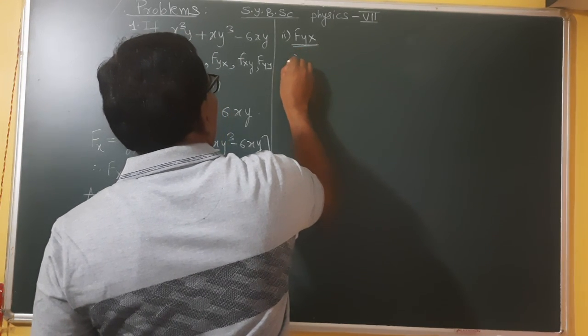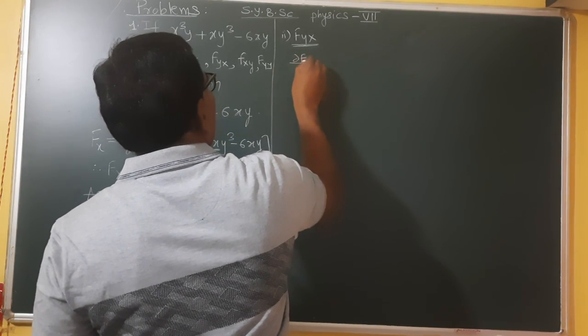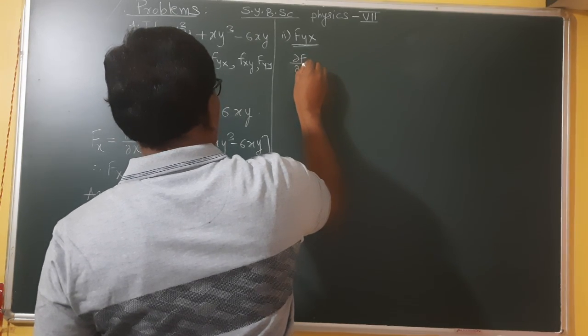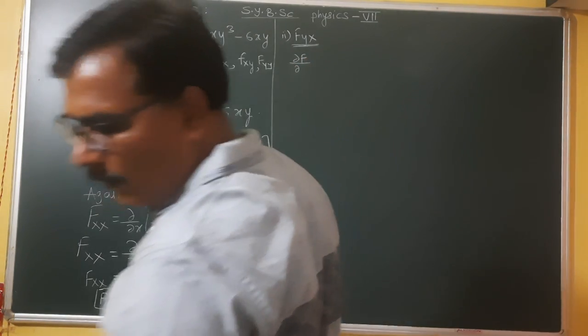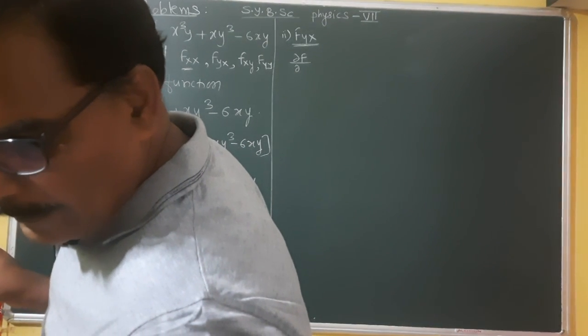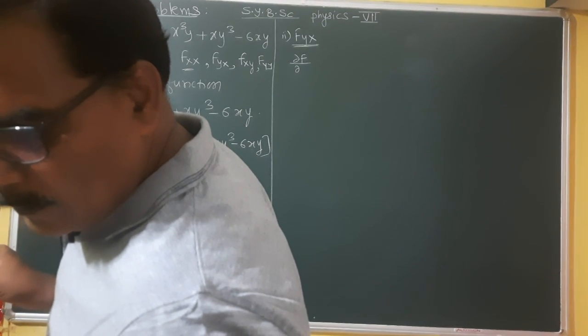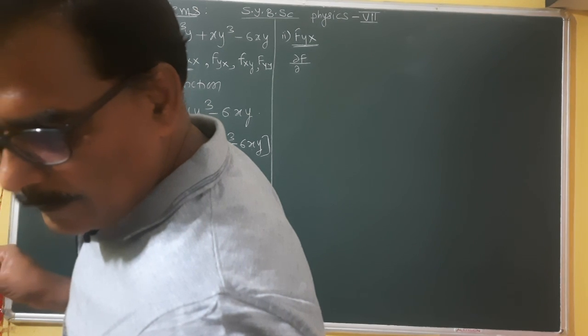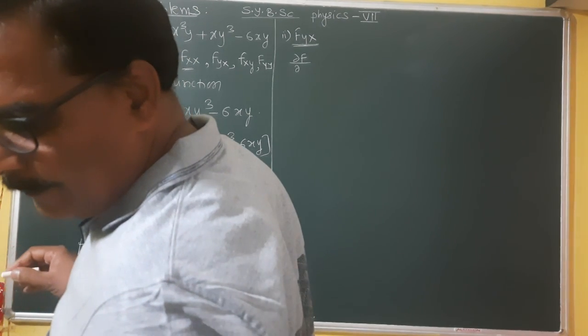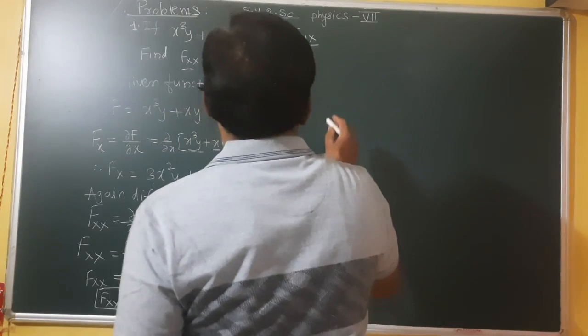That is dou by dou, f by dou x y. First we take x and then y, right?